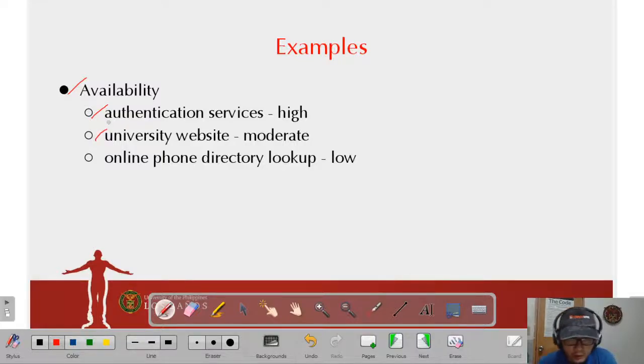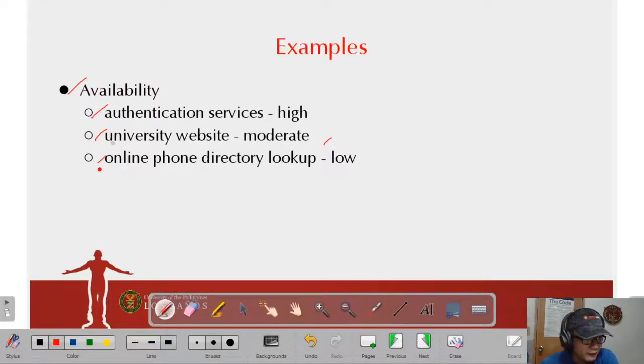Now the university website, actually nobody cares. For example, if the ICS website is down, nobody cares. Nobody is looking at the ICS website. If the UPLB website is down, only a few individuals notice. So it's a moderate level of impact. And the online phone directory.